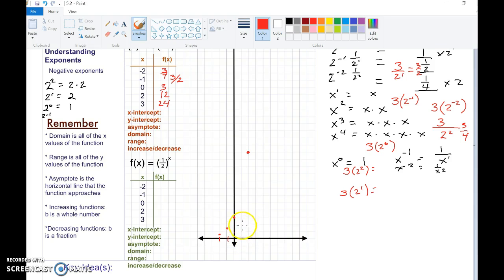So 1, 2, 3, 4, 5, 6. There we go. And then 3 is 24. So if this was 12, we've got 13, 14, 15, 16, 17, 18, 19, 20, 21, 22, 23, 24, right there.